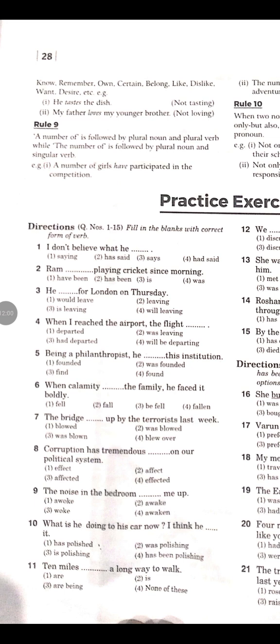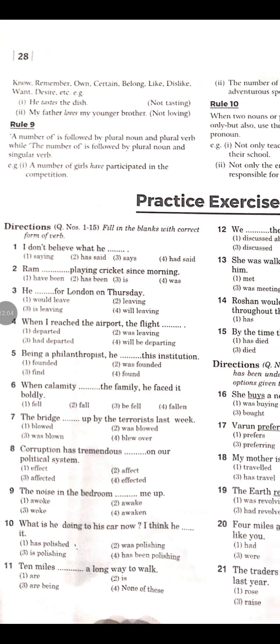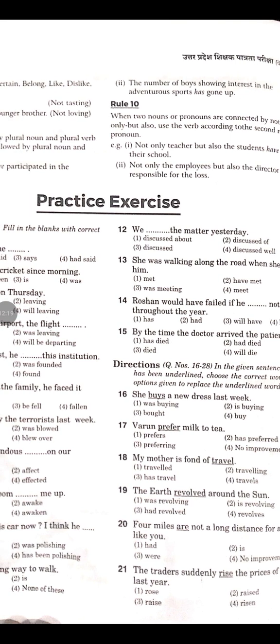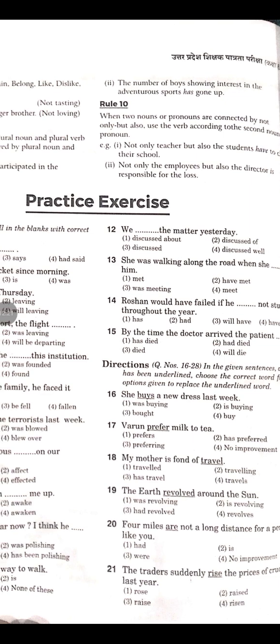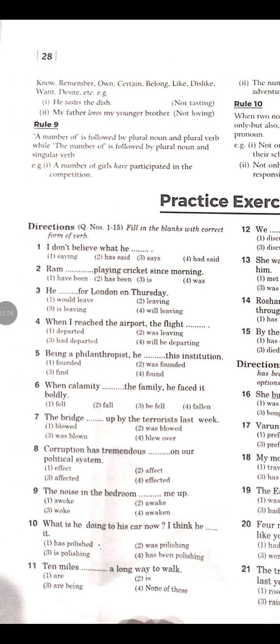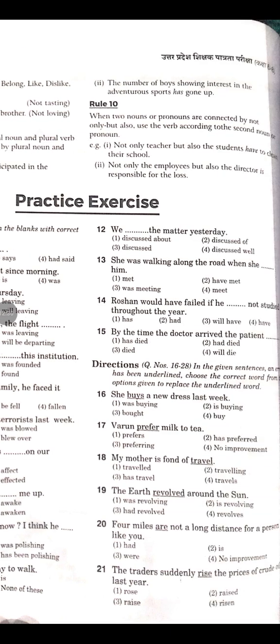So we are using "have" and we are using "girls" here. Similarly, we can see the next example. The number of boys showing interest in the adventurous sports has gone up. So with "the number of", we are using "has", a singular verb, with a plural noun.